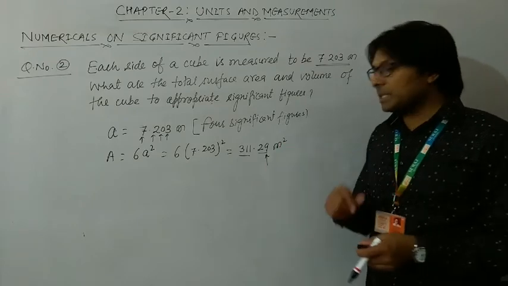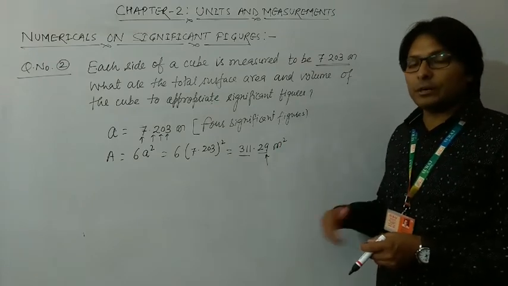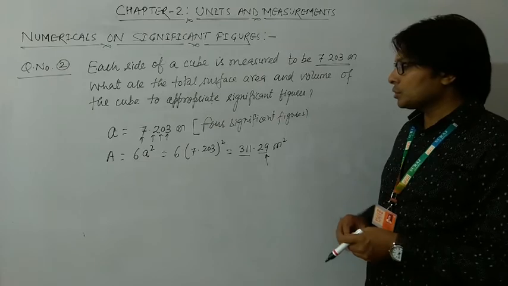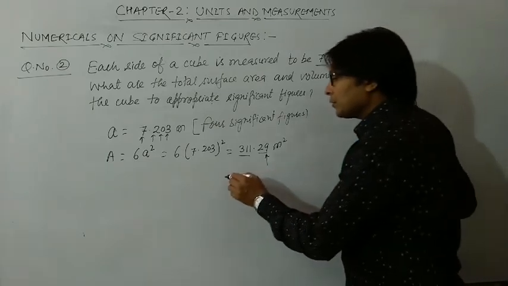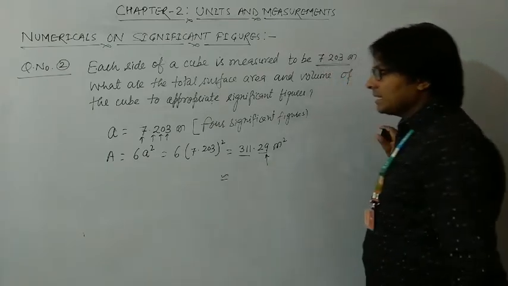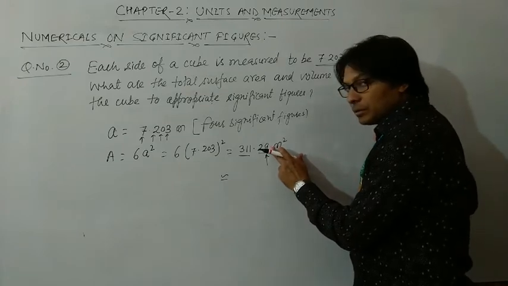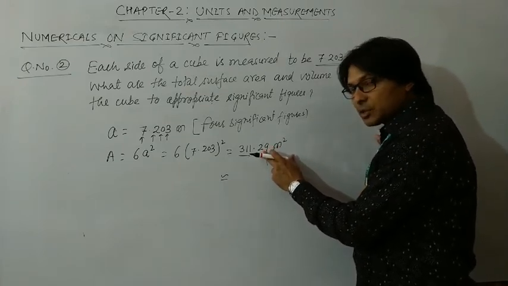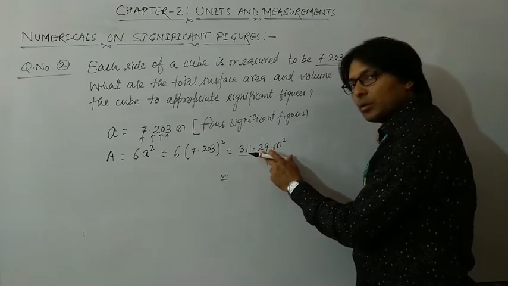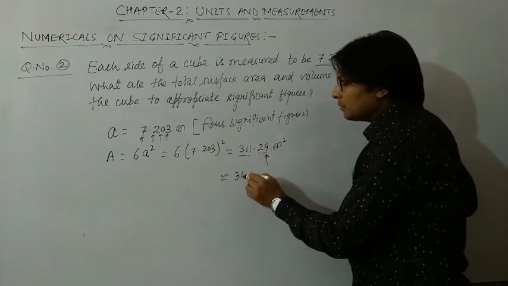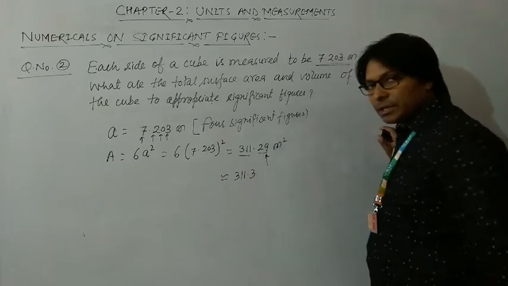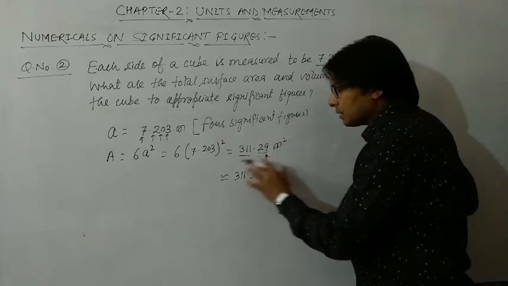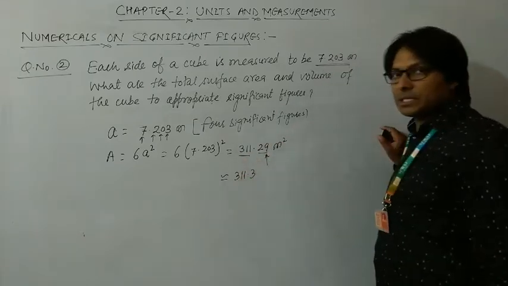But before dropping this insignificant digit, we have to round it off. While we are rounding off this number, the digit to be dropped is 9, and the preceding digit is 2, so it will be raised by 1, so it will become 311.3, as we rounded off this number up to 4 significant figures.